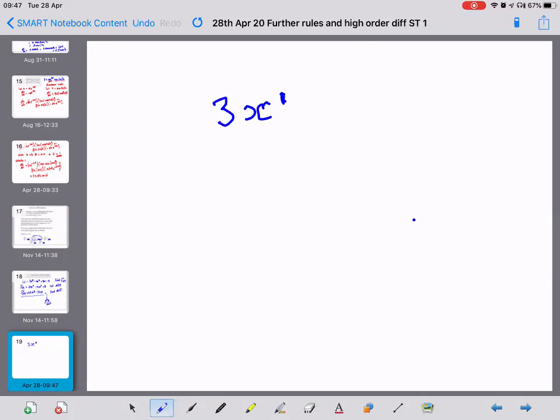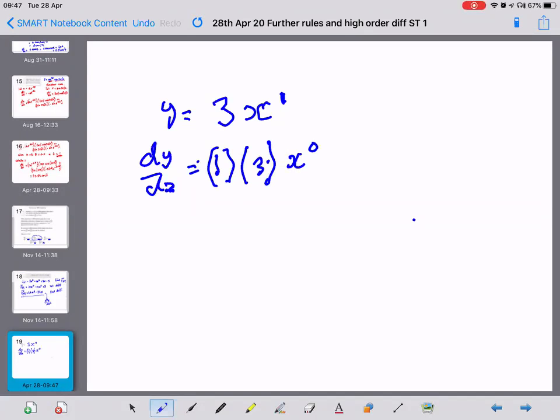So if we apply the rules of differentiation, we come down, so let's assume that y is equal to 3x, dy by dx is equal to 1 times the 3, and we've got to take 1 off the index, so it's times x to the 0. x to the 0 is equal to 1. So 1 times 3 is 3, and x to the 0 is 1.